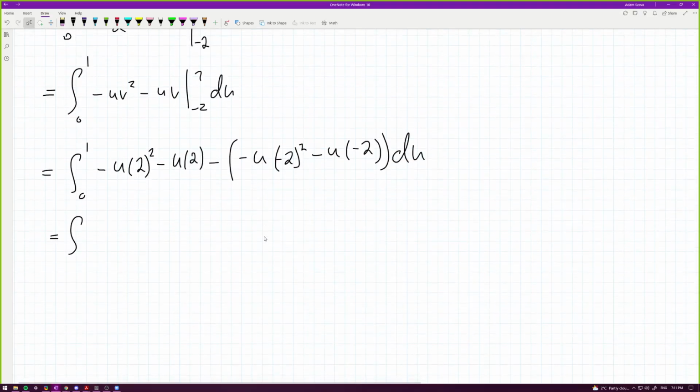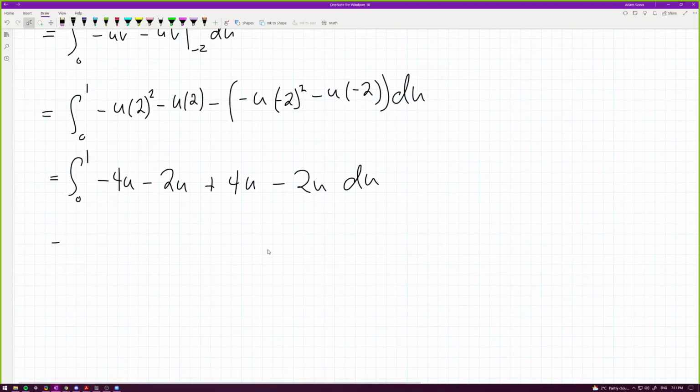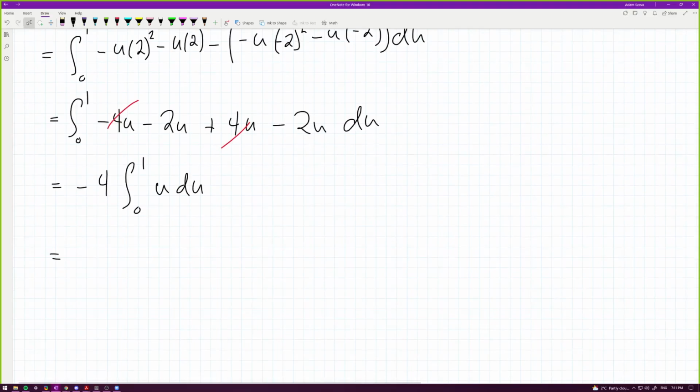And I will just start simplifying some things here. So negative 4u minus 2u plus 4u minus 2u du. Okay, so of course these will cancel, and you just get negative 4 integral 0 to 1 of u du.